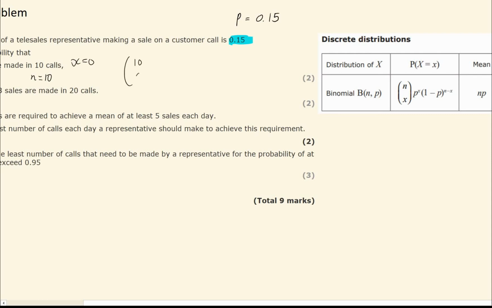So we would just type in 10 choose 0. The odds of success is 0.15 to the 0, and that will be times by 0.85, which is 1 minus 0.15, to the power of 10. Both these two things are going to vanish because they're both equal 1. So all we need to do is 0.85 to the power of 10. So 0.1969.